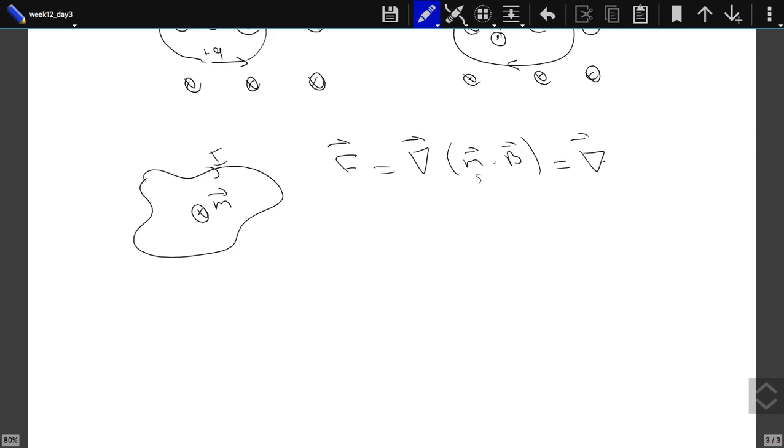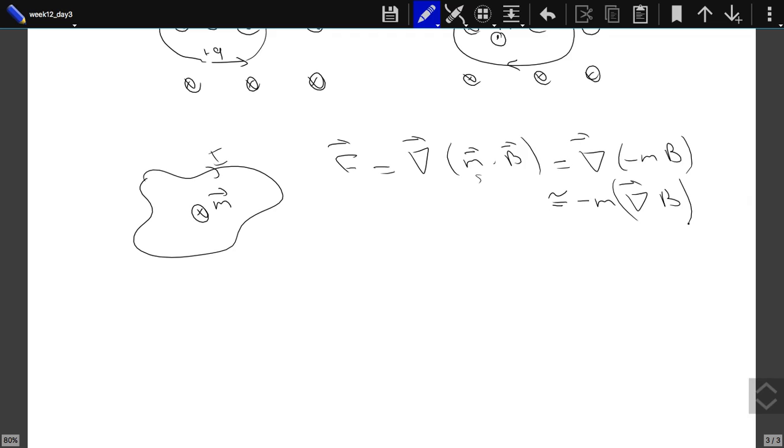So this will be equal to the gradient of minus MB, M and B being the magnitudes of the magnetic dipole moment and the B field. Treating the magnitude of the magnetic dipole moment to be more or less constant, this is the force acting on our charged particle on the average.